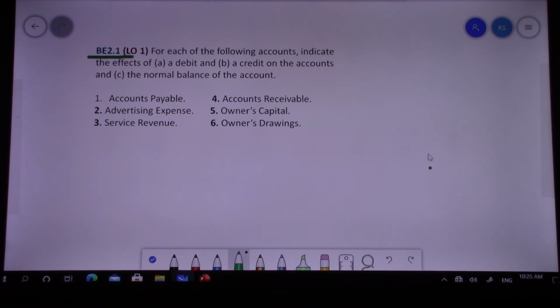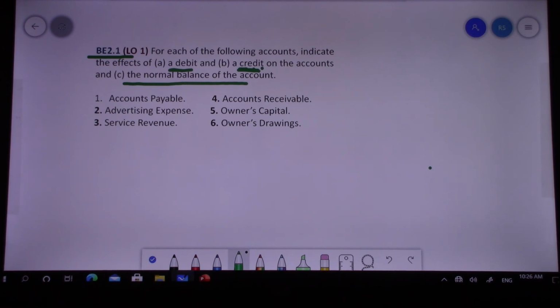For each of the following accounts, indicate the effect of a debit and a credit on the account and the normal balance. So you are required here to determine what the effect of a debit is and what the effect of a credit is on the following accounts, and what the normal balance of each of these accounts is.